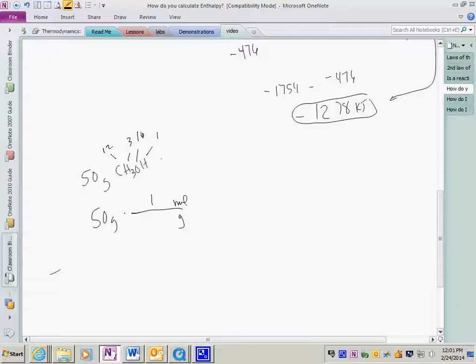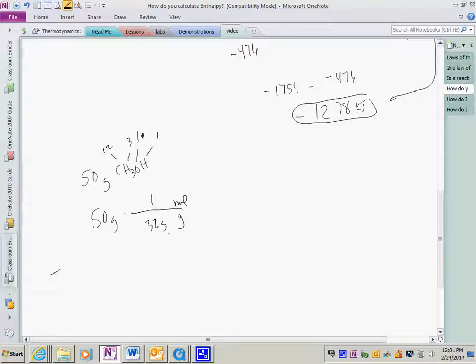Add all those up. I think that's 32. So 32 grams.